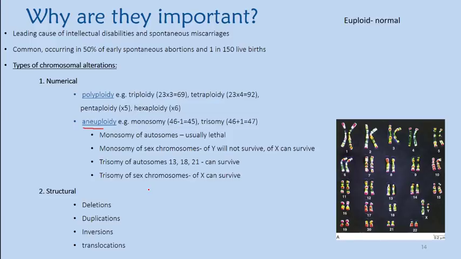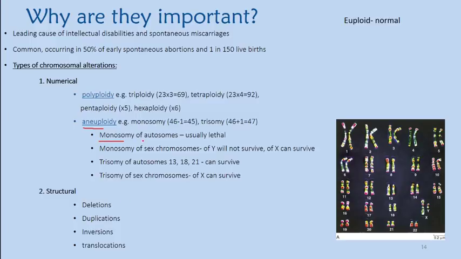In the case of aneuploidy, it's important to consider that you could have an extra or you could have one less. The general rule of thumb is that loss of a chromosome has a more serious effect than duplication or having an extra chromosome. The first example is monosomy.